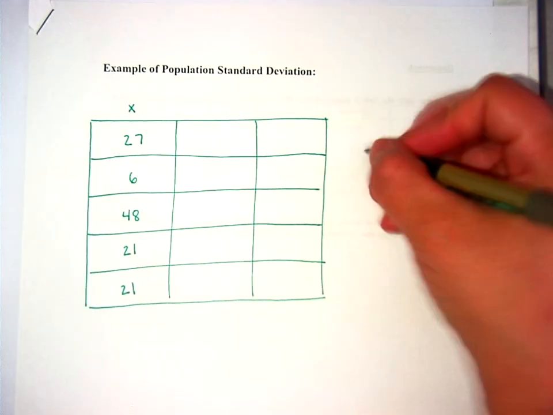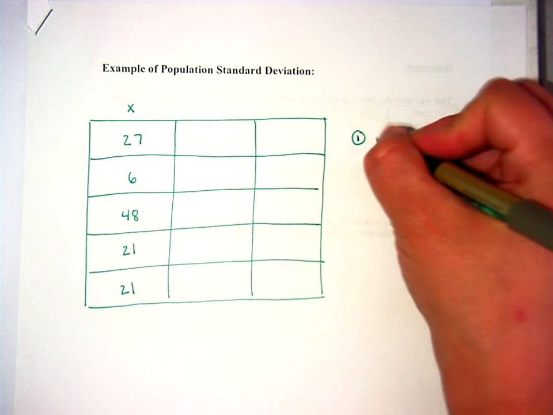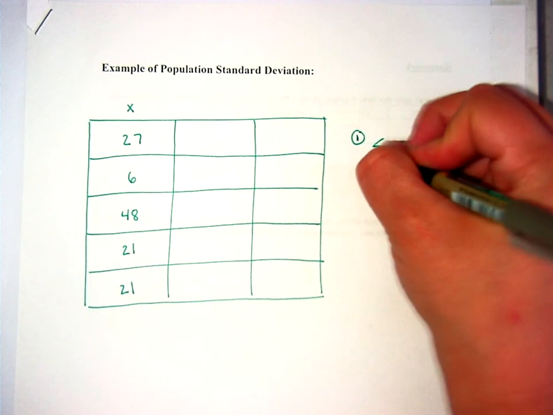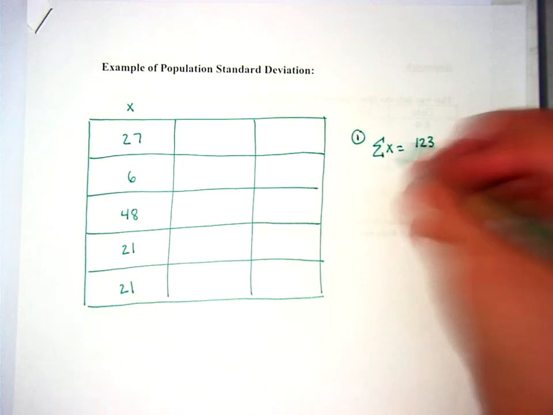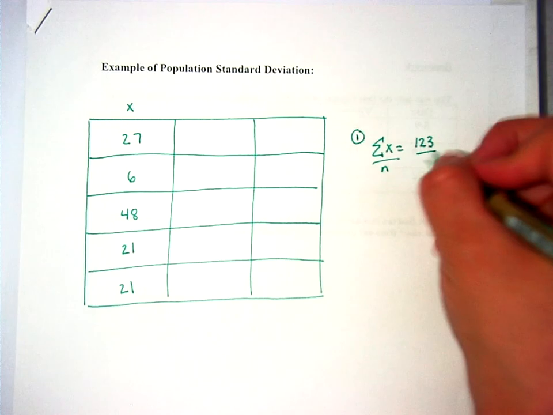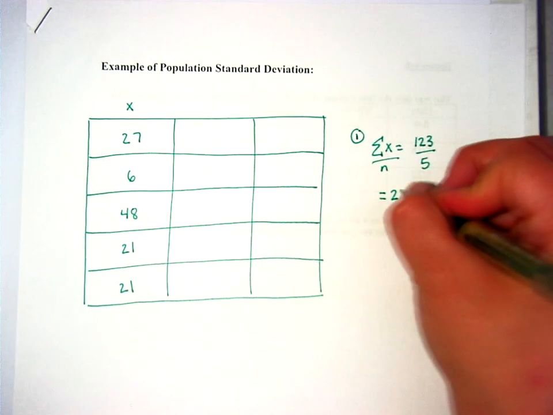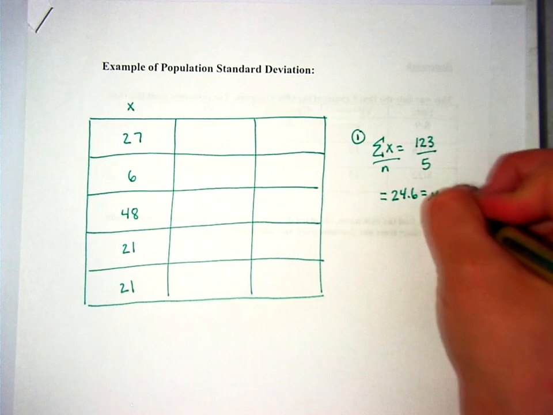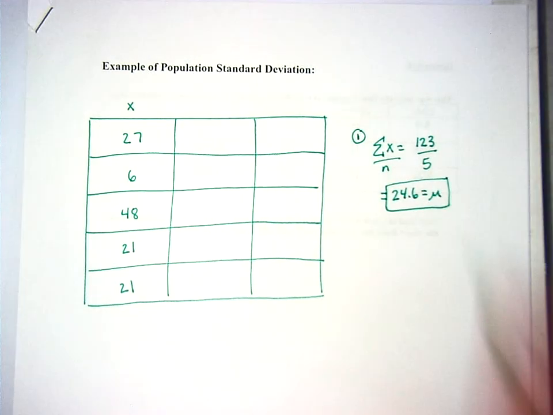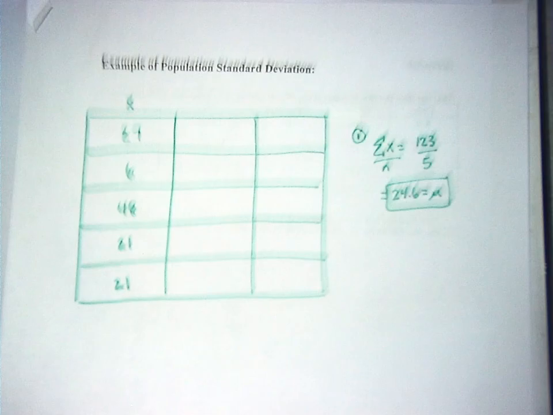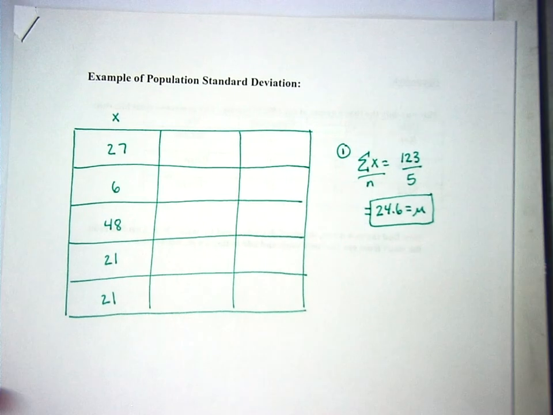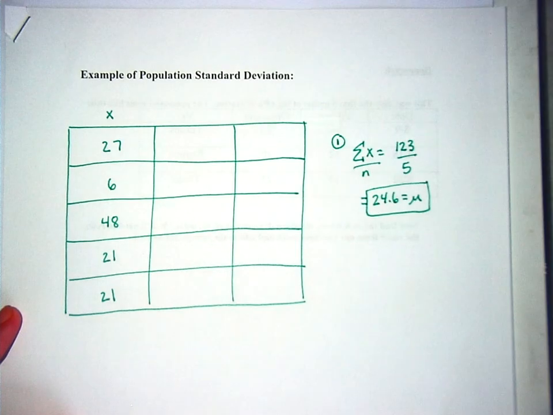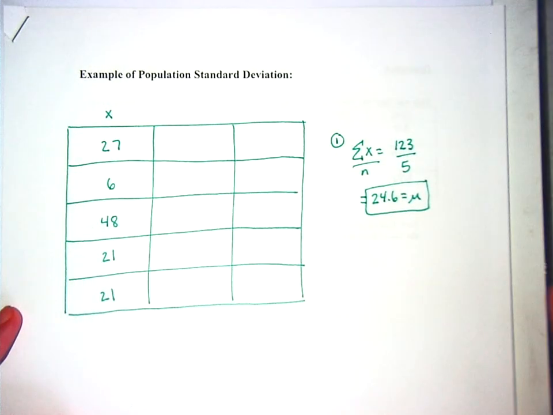So I think we already did this, but I'm going to write step 1 right here. The summation of all the x's equaled, was it 123? And then we divided by 5, and we got 24.6, right? And that's my mu. So on my sheet, we're going to have step 1 in words, step 1 in symbols, and then step 1 on the example. Does that work?